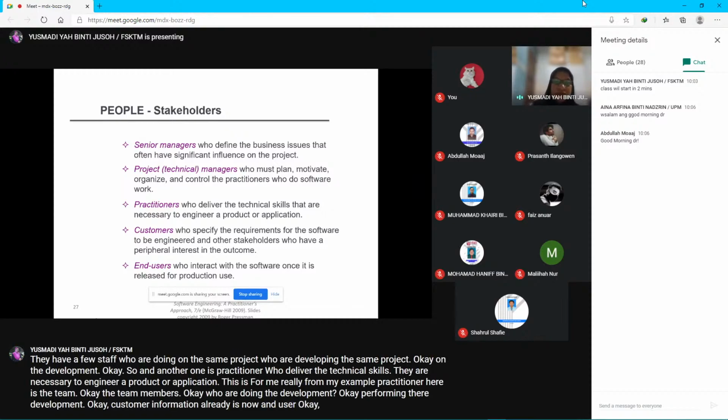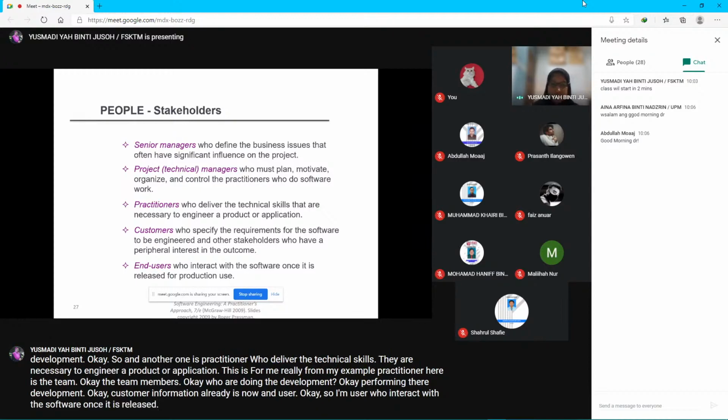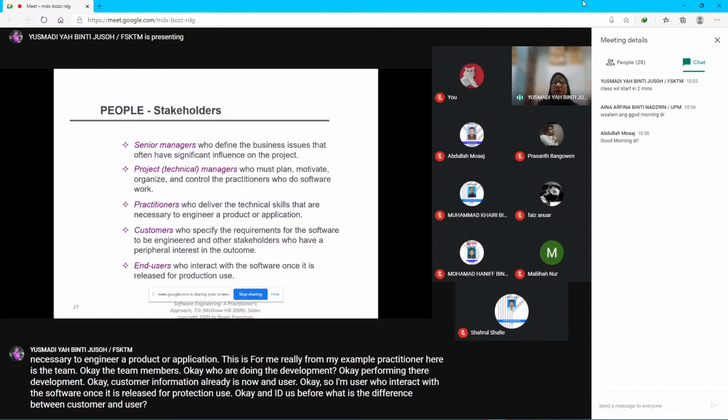Customer was mentioned just now, and also the end user, who interacts with the software once it is released for production use. I did ask before what the difference is between customer and end user.